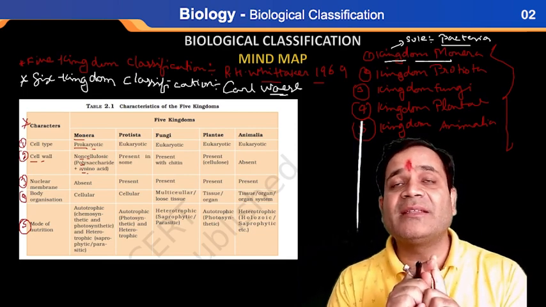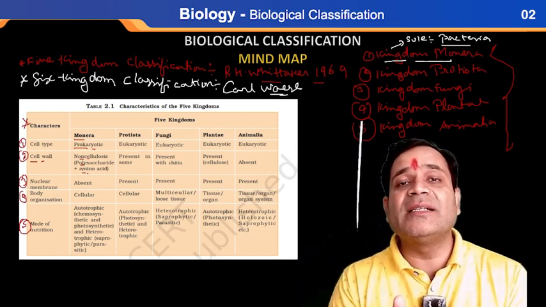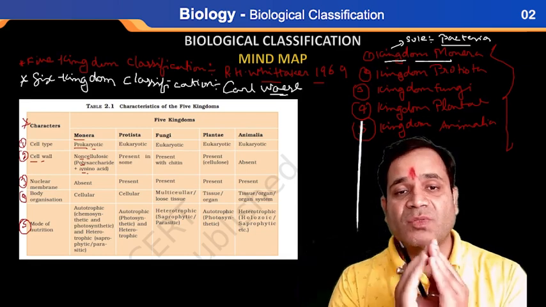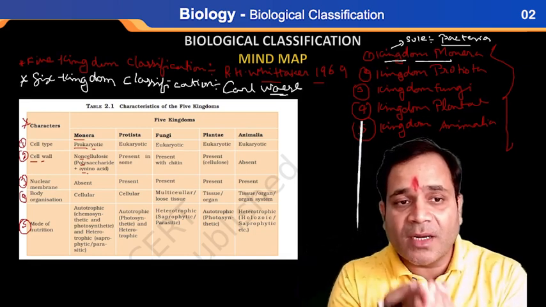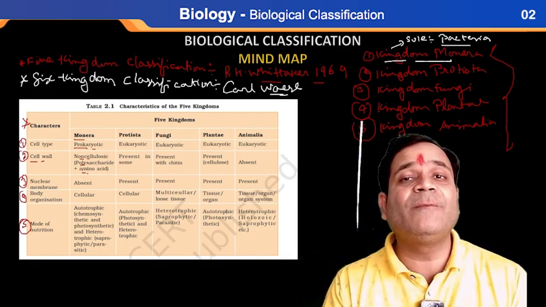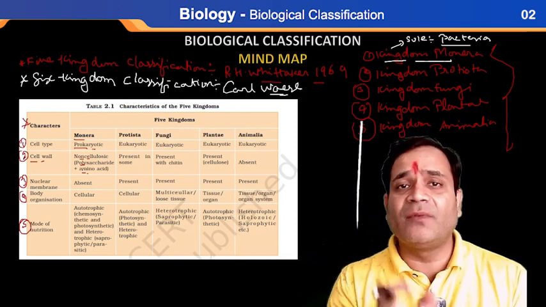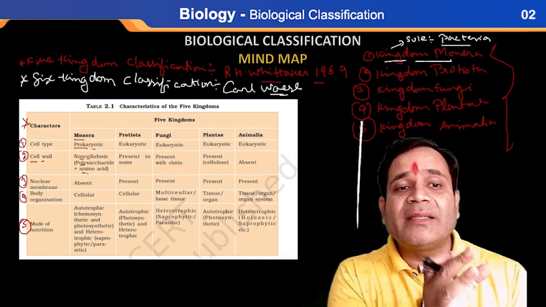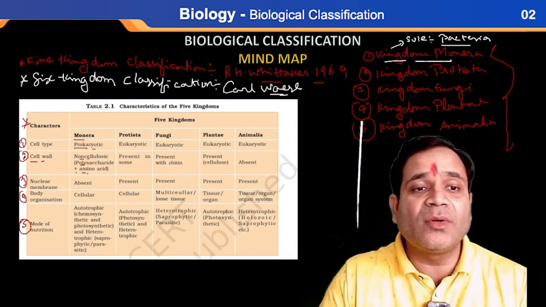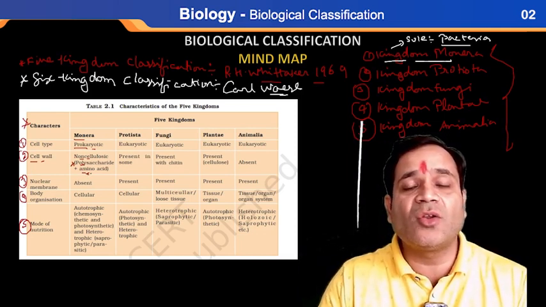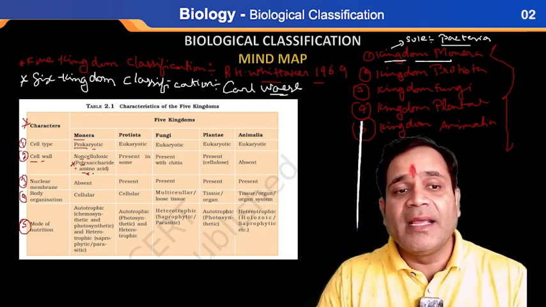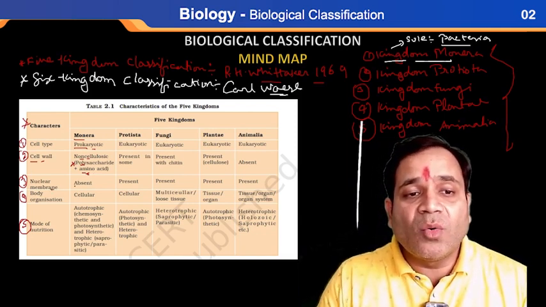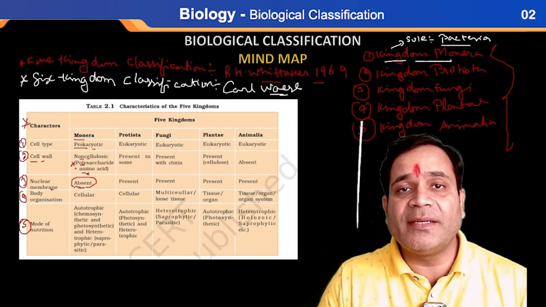In kingdom Monera, the cell wall is non-cellulosic. It means they do not bear cellulose. So if they do not bear any cellulose, then what is included there is polysaccharides along with amino acids. Correct? Is the nuclear membrane present here? No, my dear, the nuclear membrane is absent.